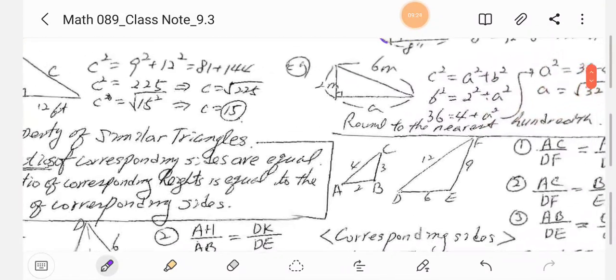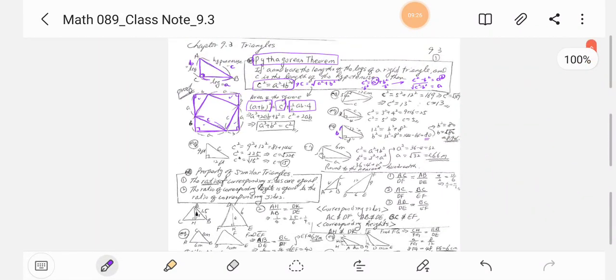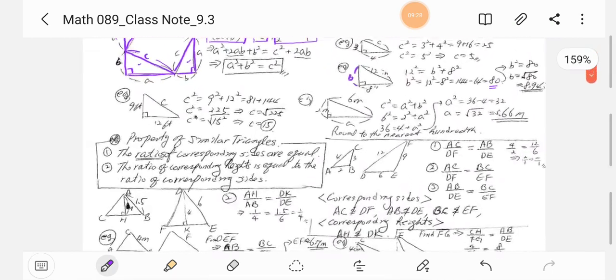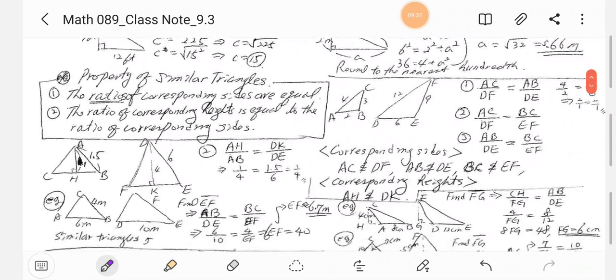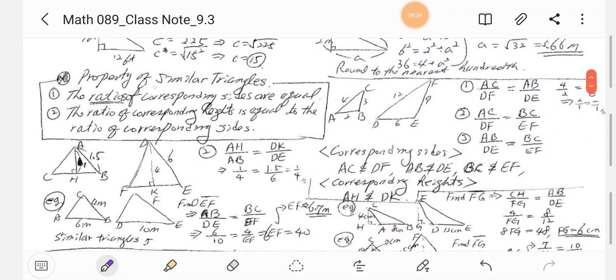Okay, now here are similar triangles. This is also an important concept. Similar triangles means that two triangles are similar: you have one triangle, and this triangle is enlarged or shrunk, made bigger or smaller.